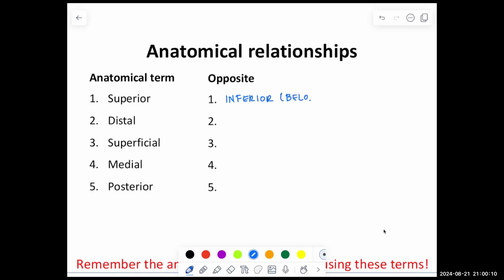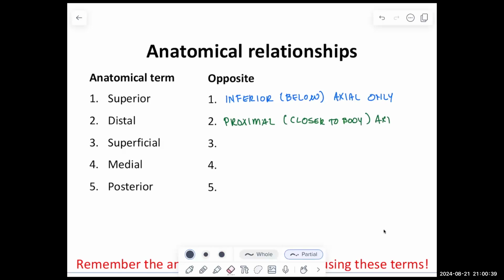And remember, this one is axial only. We say distal for away from the body. What was the opposite of distal? Proximal. That means closer to the body. And that is also, oh, not axial, the other one, appendicular.